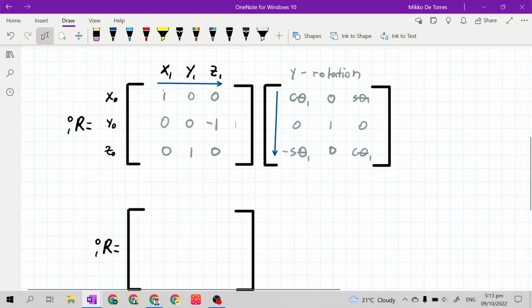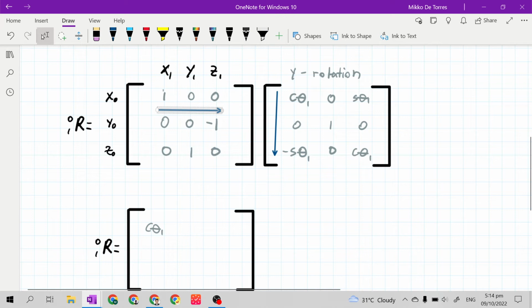So let's do that. 1 times cosine theta 1 plus 0 times 0 plus 0 times negative sine theta 1. So we will have cosine theta 1. Next, again, 0 times cosine theta 1 plus 0 times 0 plus negative 1 times negative sine theta 1.